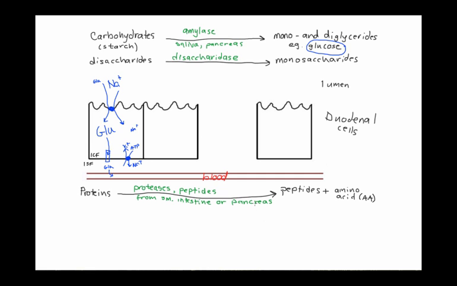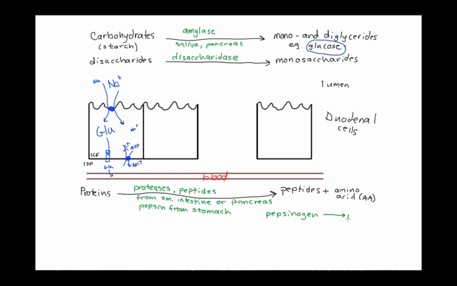However, there's one enzyme that comes from the stomach, so that the breakdown of protein starts before it even gets into the stomach, and that's pepsin. So put pepsin from the stomach. And you may recall that pepsinogen is the precursor form of pepsin.